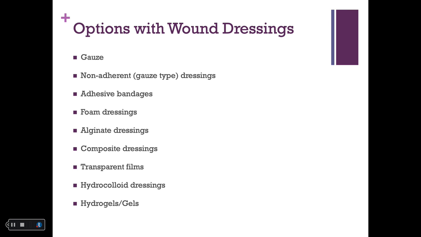There's lots of different options. So you've got your gauze, which are your absorbent dressings. You have dressings that don't stick, which generally are gauze-like. You've got adhesive bandages, so things like Band-Aids, things that we're most familiar with from giving vaccinations, for example.